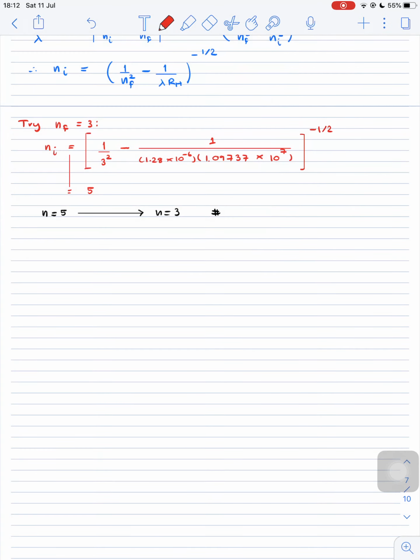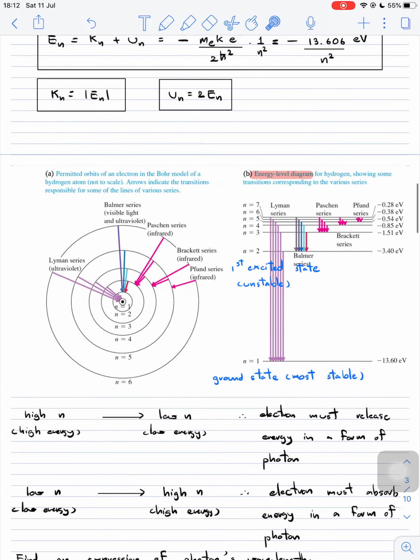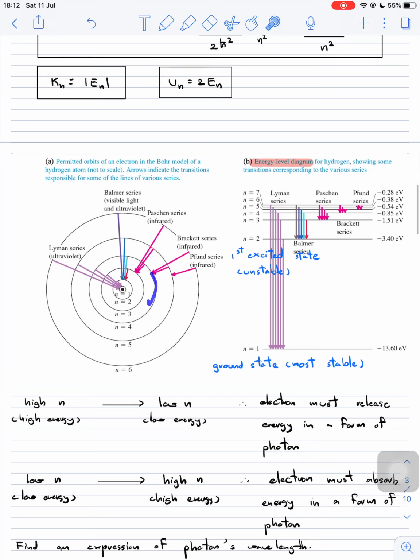Now what happened if we try Nf equal to 4? To get the infrared, we can have the larger n go to n equal to 3, 4, and 5. We tried n equal to 3 already and got n equal to 5. So let's try Nf equal to 4.